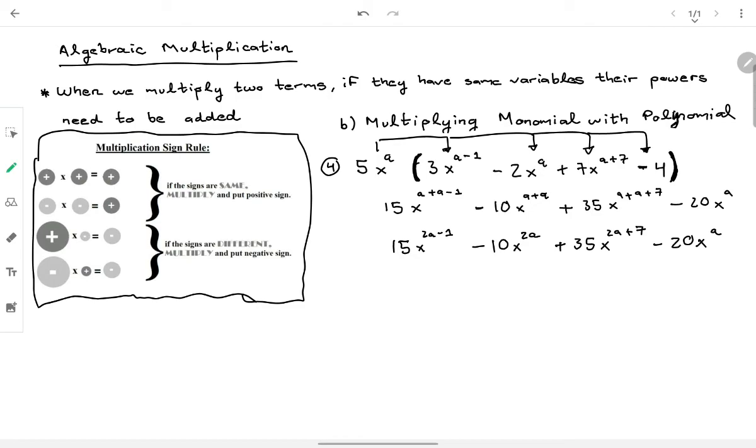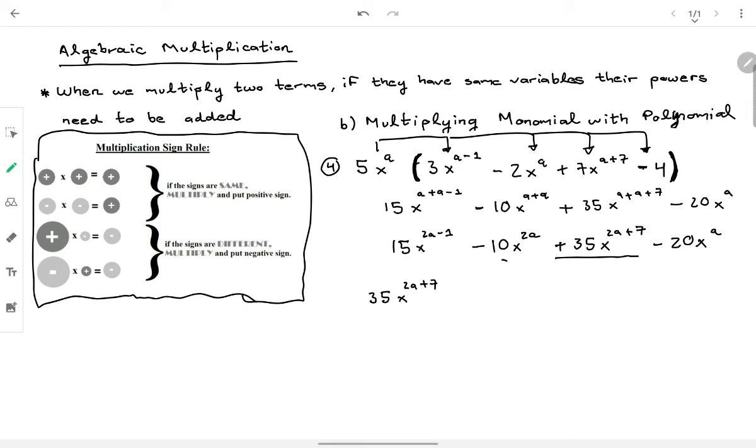Then we need to order our answer. So we will need to start with the higher power and go to descending order of powers. This is our higher power, so we will get 35x to the 2a plus 7.